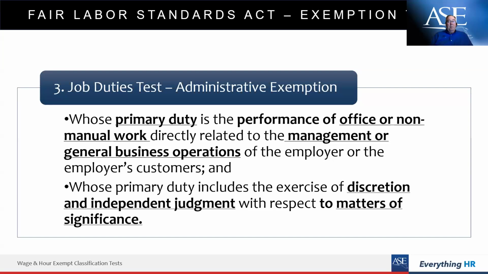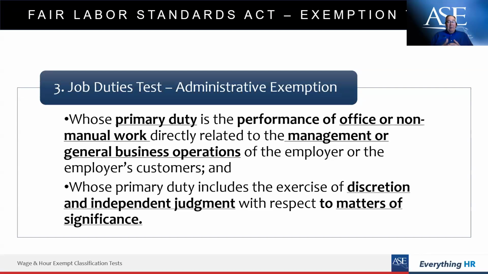Where a lot of employers get tripped up is, well, maybe I've got somebody who I put in charge of scheduling production. That would be putting their hands on production and would not pass this first mini test within the administrative exemption. So first, they have to be a backroom position, would be one way to put it, performing office or non-manual work.